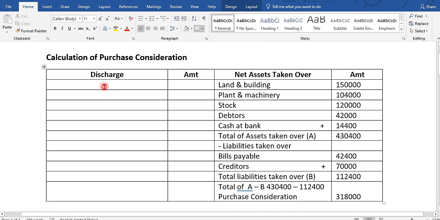Okay, so discharge of purchase consideration is done in the form of equity shares and remaining balance in cash.